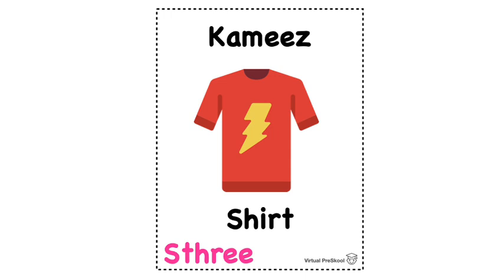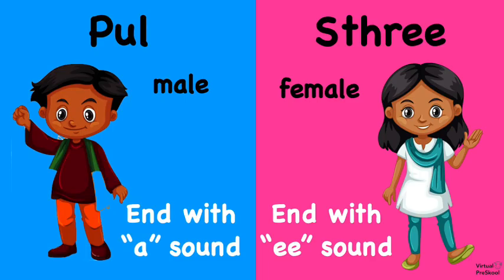What matters is if the actual ending of the word ends with an E sound, okay? So don't get confused by that. A lot of my students have made this mistake that, oh, but the second to last sound is an E, so that's how I knew it was stri. That is incorrect thinking, okay? What matters is what the last sound of the word is. If the last sound of the word is a, it's a pull noun. If the last sound of the word is E, it's a stri noun.